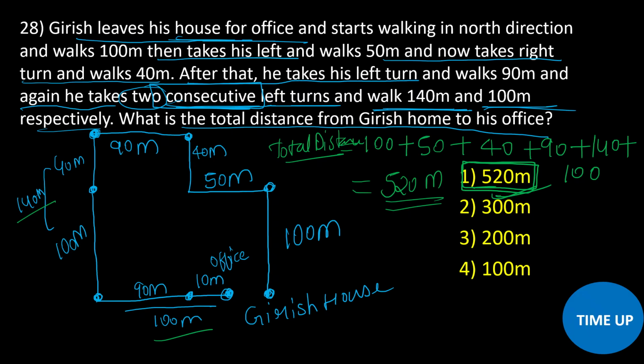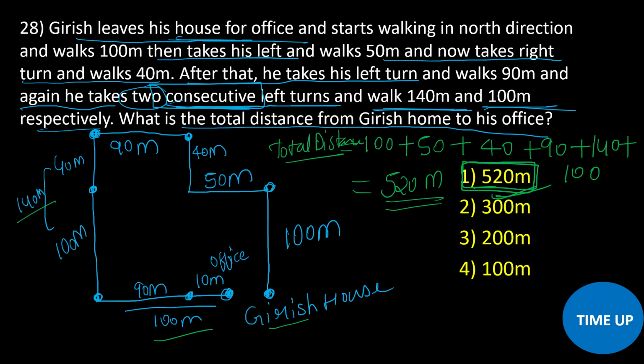Now, what if they ask what is the shortest distance from Girish's home to his office? This is the total distance. Fine, whatever is asked in the question we have solved. But what if they ask what is the shortest distance, or how far is he from his home to the office? Then how will you solve this?